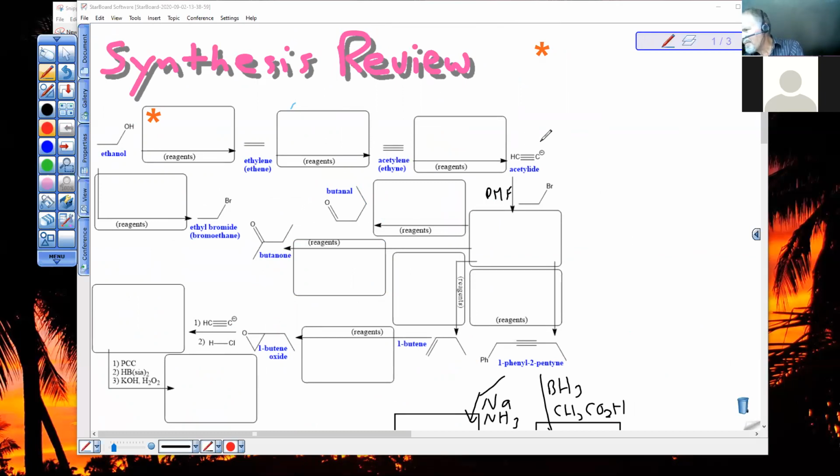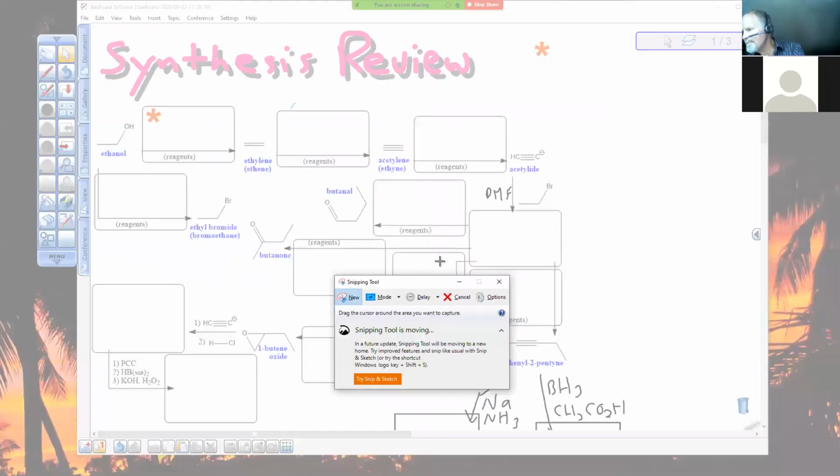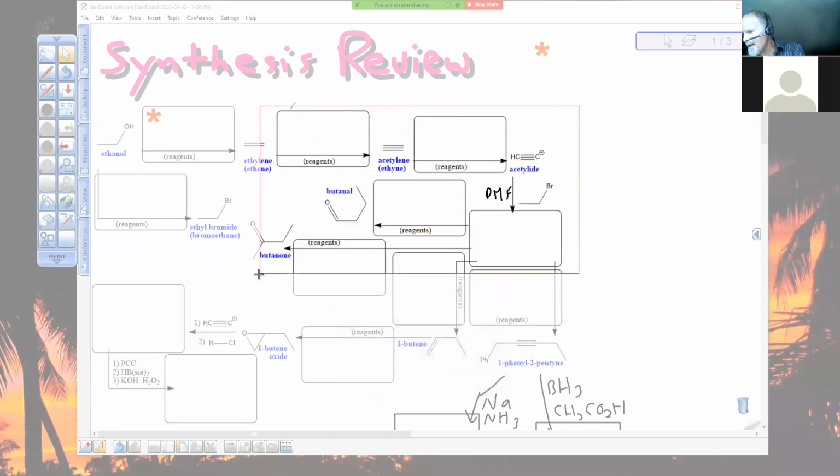Why don't we grab this stuff here? We'll see. No, we're gonna need our snipping tool. Where did I put Snippy? He's lurking. There he is. And I don't want things to get too cluttered. I think we can get all that in there.